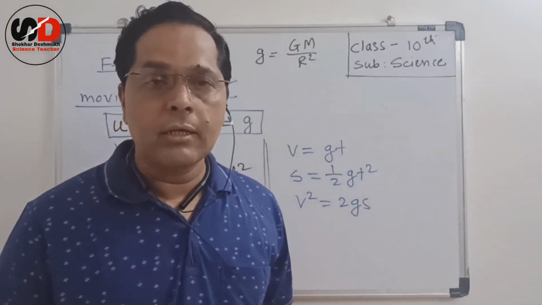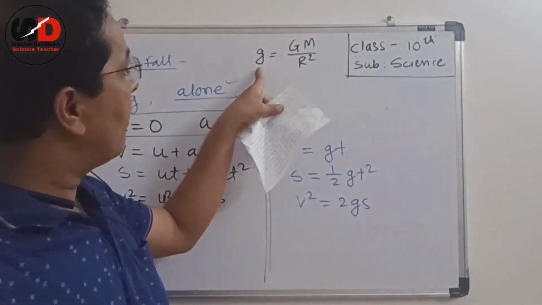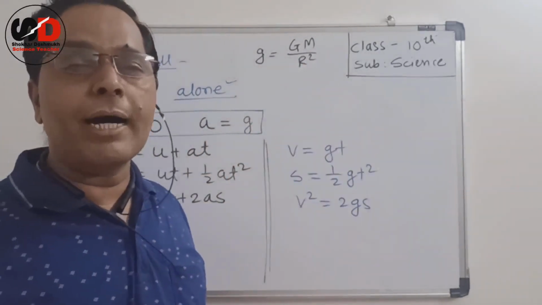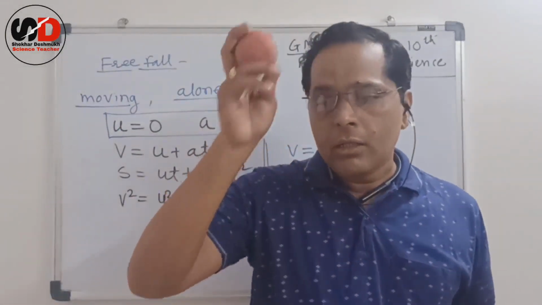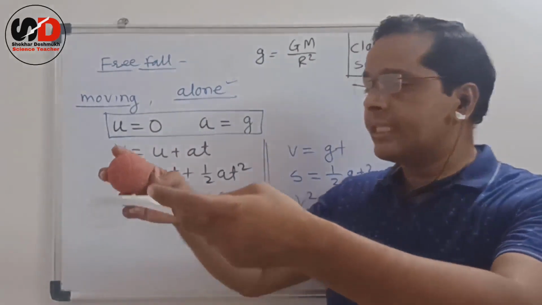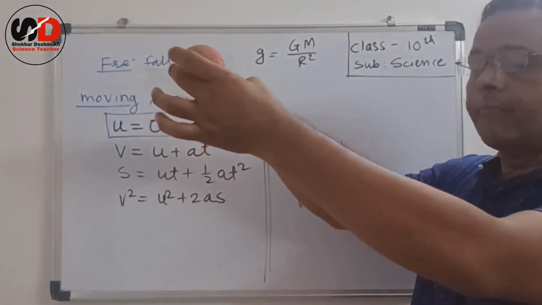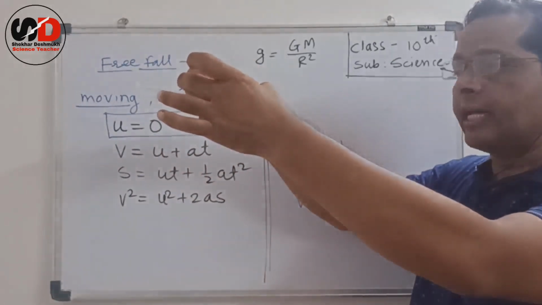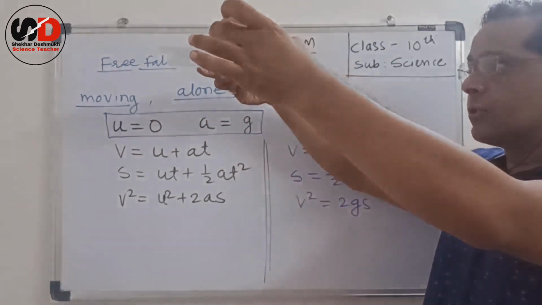According to the concept of free fall, the value of gravitational acceleration is independent of the mass or property of any object. These two objects, if I release them from the same height, they must fall at a time. That means they must reach the earth's surface at a time. So let us try it. You can try it at your home also.